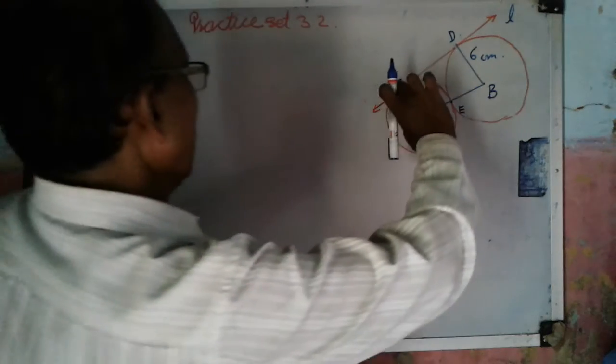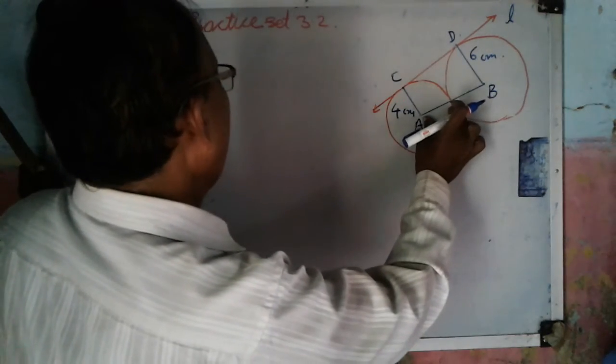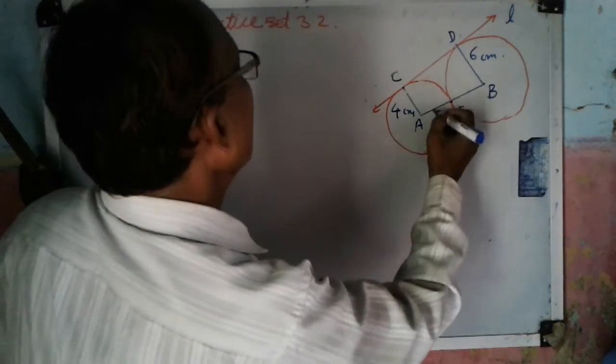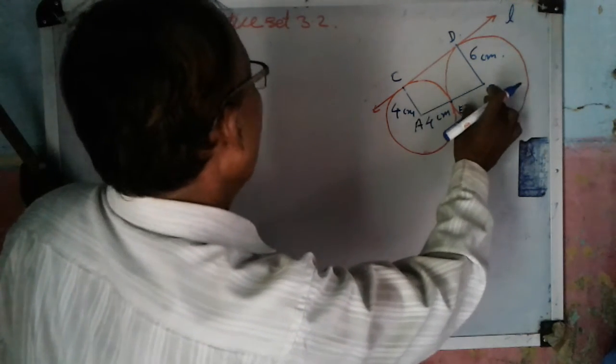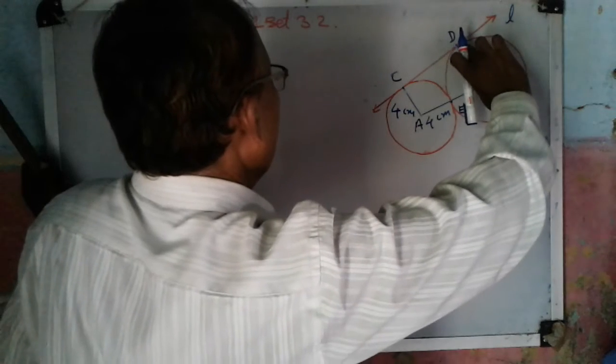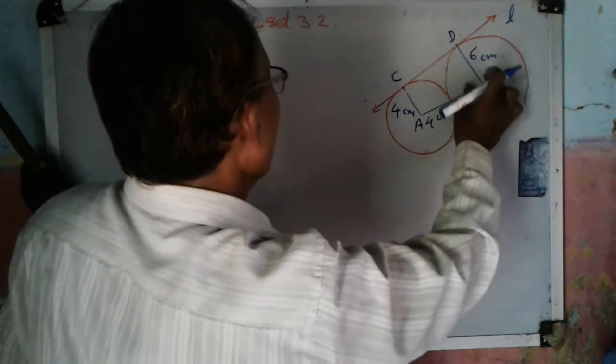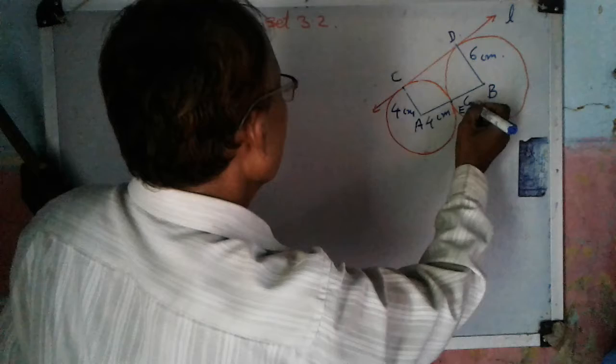That means AC and AE are both radii of the same circle. This is also 4 cm, and BD is equal to BE, both are radii of the same circle, 6 cm.